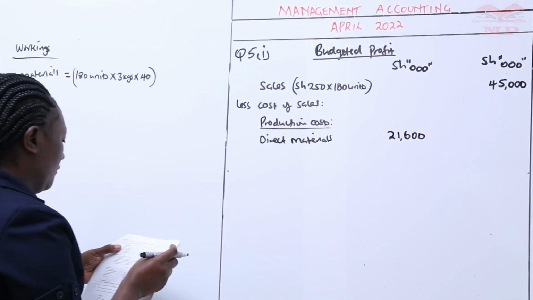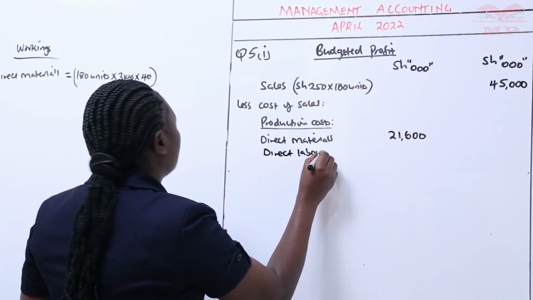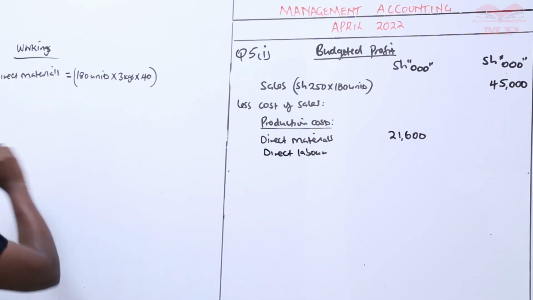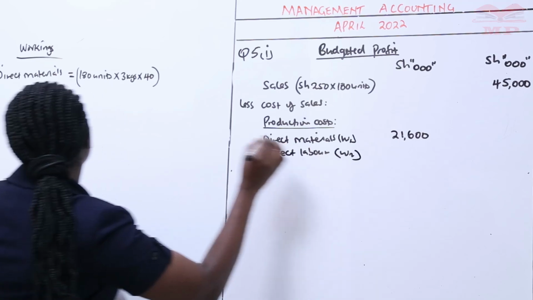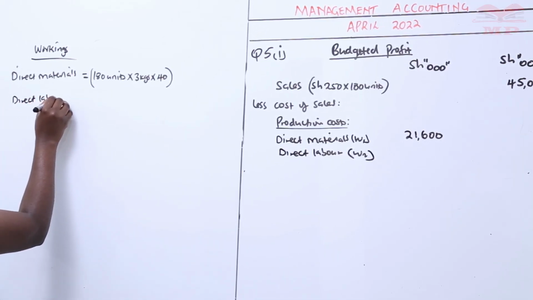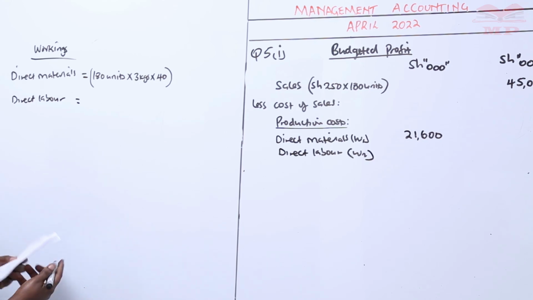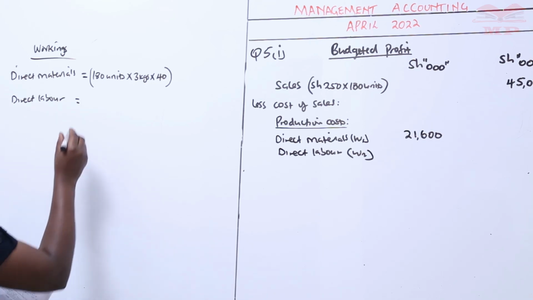Then we move to direct labor. This is working number 1; working 2, direct labor. We are told in the same note number 1 that 45 minutes of direct labor is used at a rate of 80 shillings per hour.